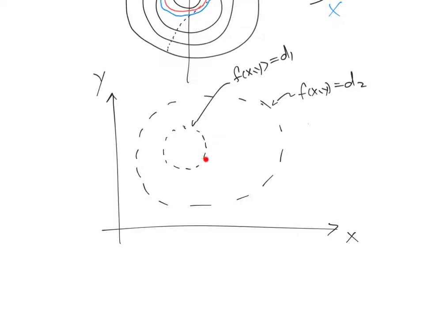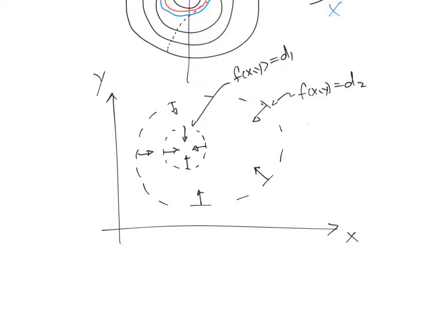The gradient vector, we learned way back when we talked about level curves, is always perpendicular to a level curve. So for this level curve, if I drew the gradient vector of f here, it would look either like this or like that. If I drew it over here for this level curve, it would look either like this or like that. Let's say inward. The gentleman up there said inward, so I'm just going to draw a bunch of gradient vectors for f. For that level curve, they'd look like that, right? And for this one, they'd look like this. They're perpendicular to the level curve.